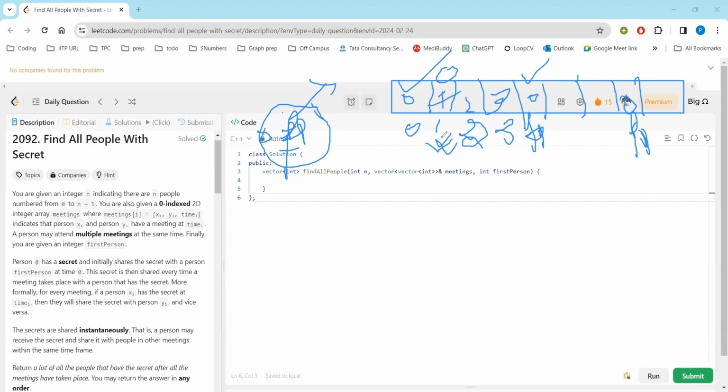And if there is a meeting between person 1 and person 2, we will see whether either of these persons has the ultimate source of secret as 0 or not. If anyone has the ultimate source of secret as 0, that means that person knows the secret and will pass the secret to the other person, and the ultimate source of that person will also become 0.